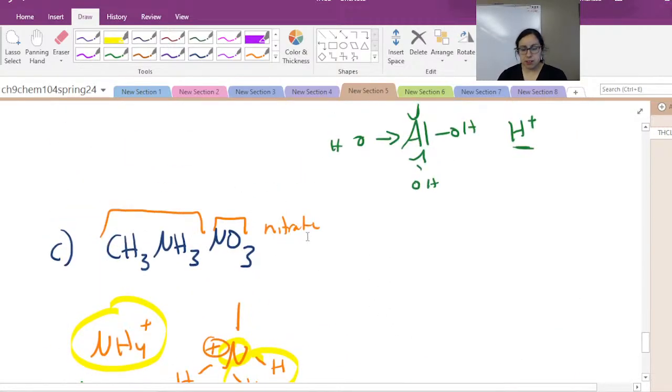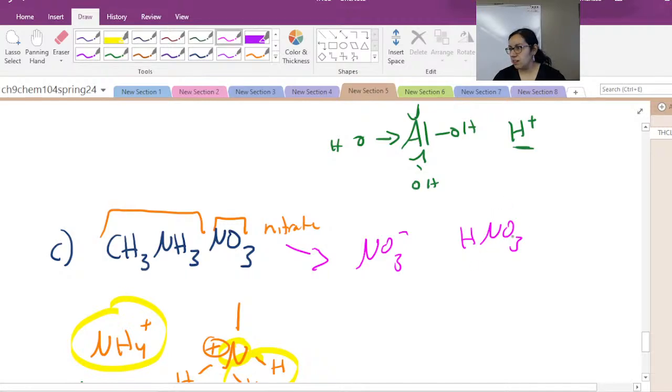Where did nitrate come from? So what acid? Well then, because it also makes HNO3, so what's that?